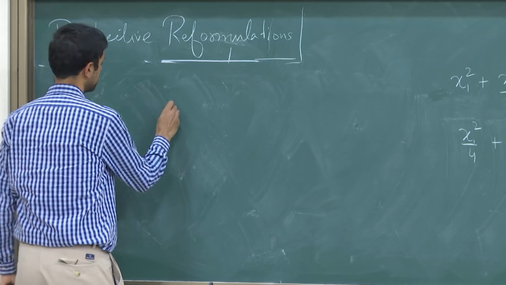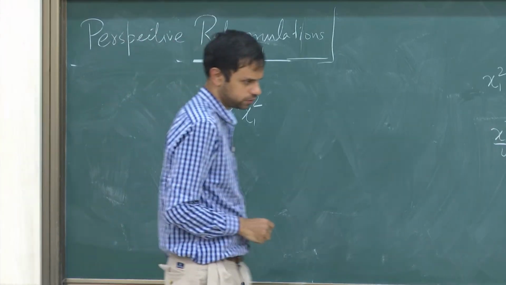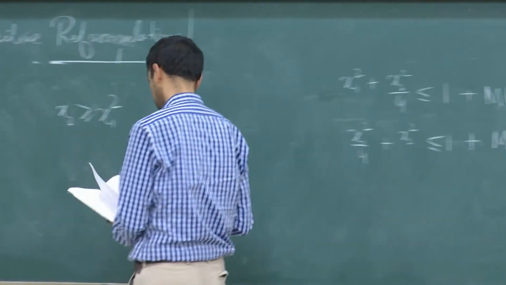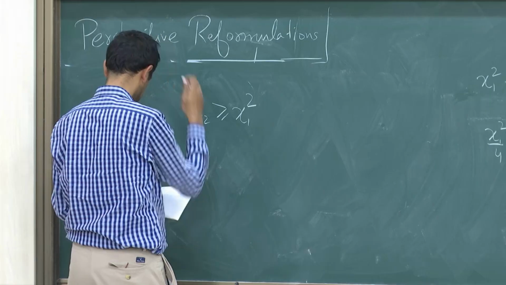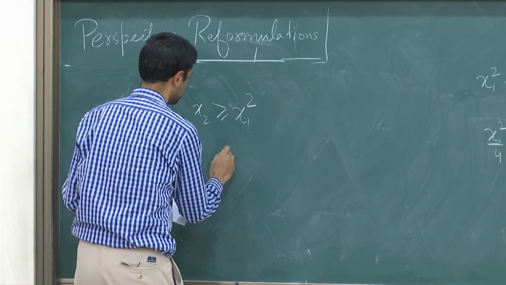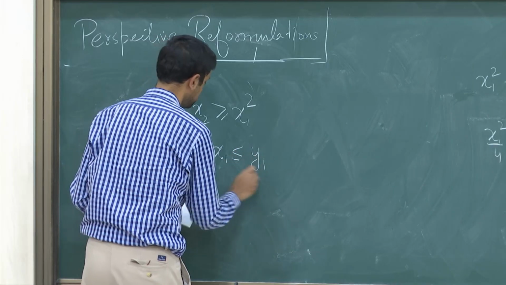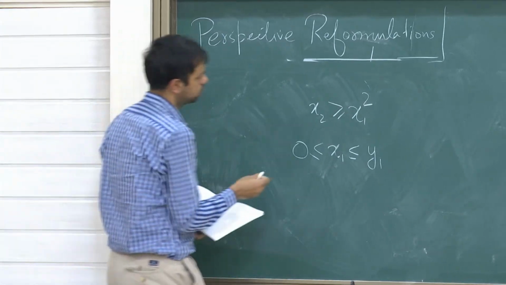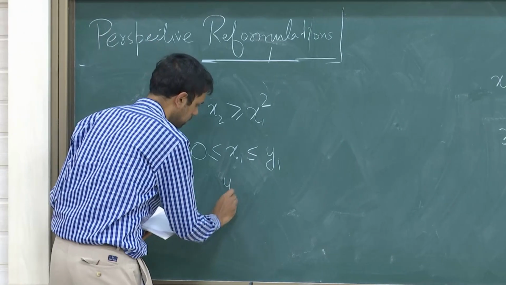The set I am looking at is x2 greater than or equal to x1 squared, and an indicator variable which turns off x1, so I have x1 less than or equal to y1. I have an indicator variable only on x1, which is y, and y is binary.